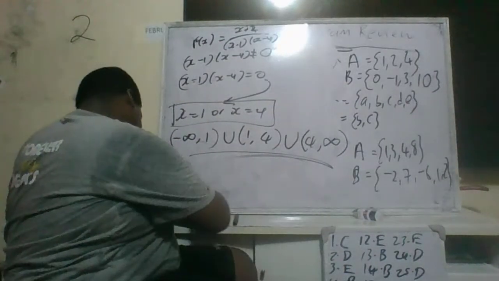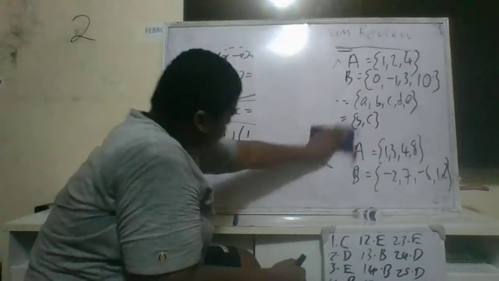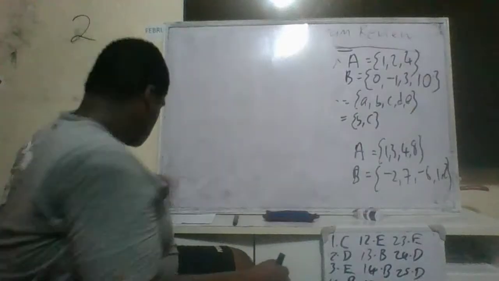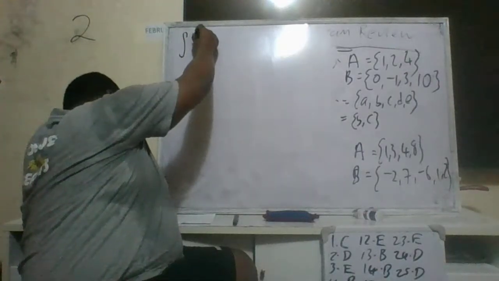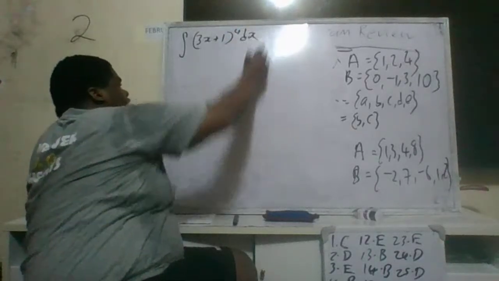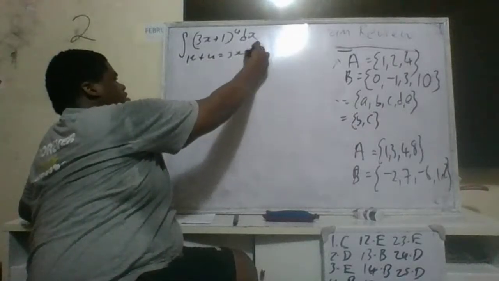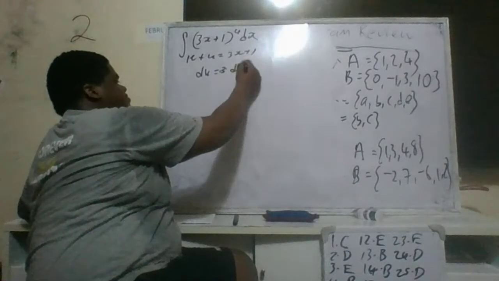Question 33 says evaluate an integral. I think that sounds easy. We should evaluate the integral of 3x plus 1 to the power of 4 with respect to x. Let u equal 3x plus 1, then du is equal to 3 dx.